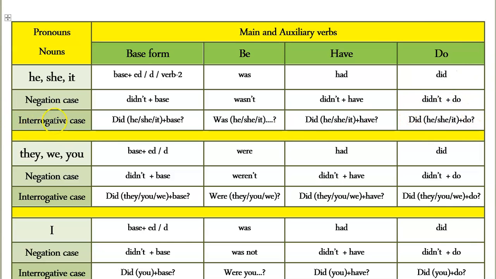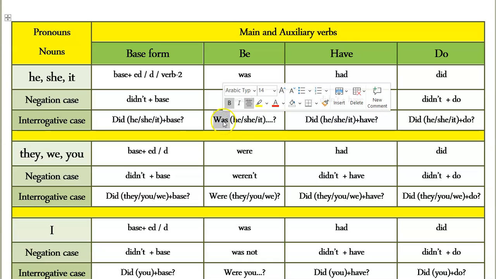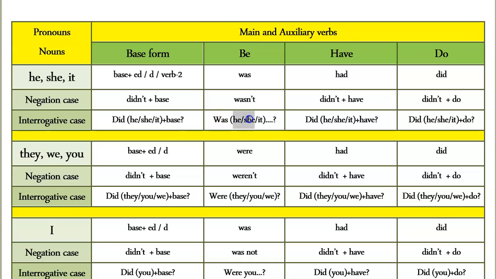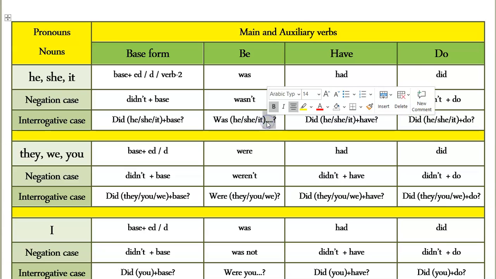And if you are forming an interrogative or a question, you bring the verb to do, which is in this case did, at the beginning of the question sentence or to the left of the subject. Again, did is followed by the base form. Okay? As for was, it's easy. You bring the verb to be, was in this case, then the subject, in this case the pronouns he, she, or it, and then the remaining of the sentence.